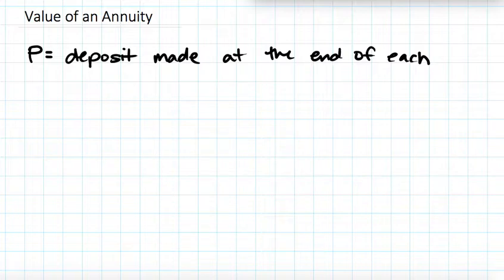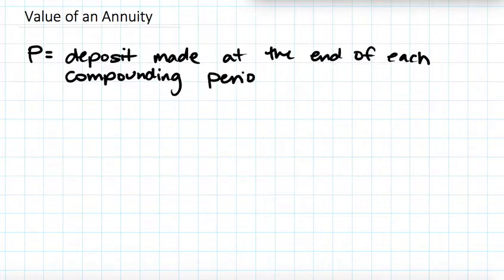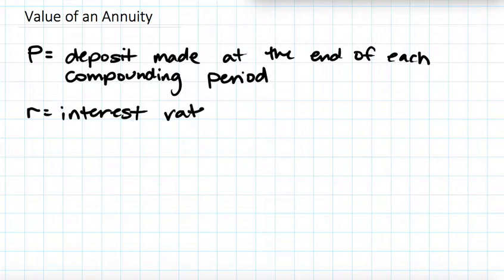It could be quarterly as well. But we're making a regular deposit here. We have R, which is the interest rate, and we need to convert to a decimal, like we did before.